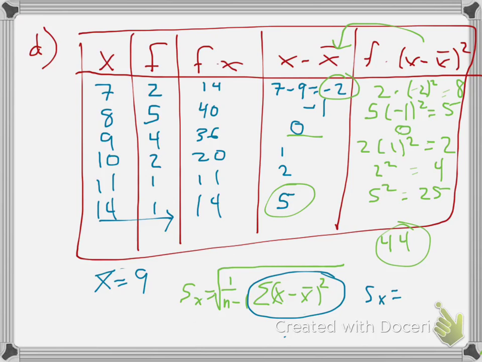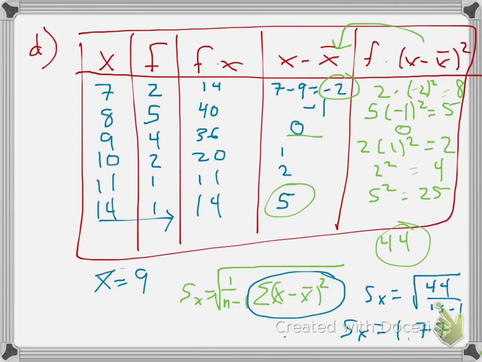So for the standard deviation, watch how easy this is going to be once we get this number of 44. It's going to be 44 divided by n minus 1, which is 14 in this case. So the square root of 44 over 14, I'm going to pause and put in the calculator, which I got as 1.77, rounded to 2 decimal places.